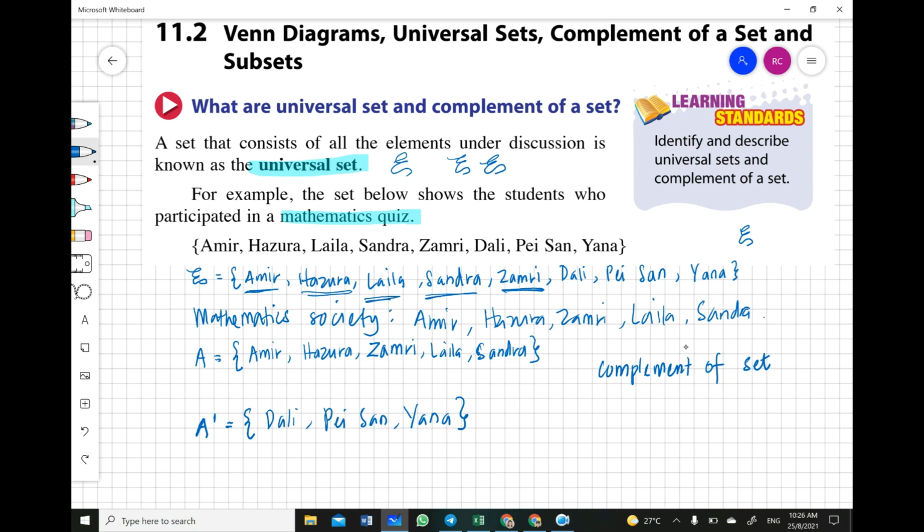After that, in this part also, you learn about how to list the members of the set and the complement of a set. That is written using an apostrophe behind the set, the set A over there. Okay. Do you have any question?